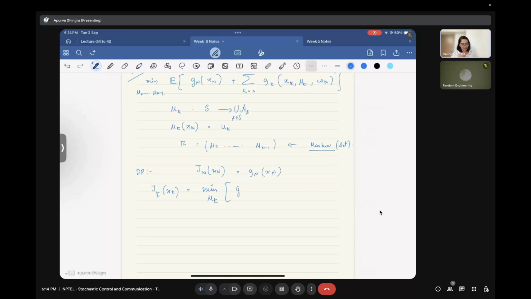So this looks at the stage-wise cost, which is gk of this guy, plus the J value, or the Bellman value, or just the value function from the previous case. So it's J k plus 1 of state x k plus 1.